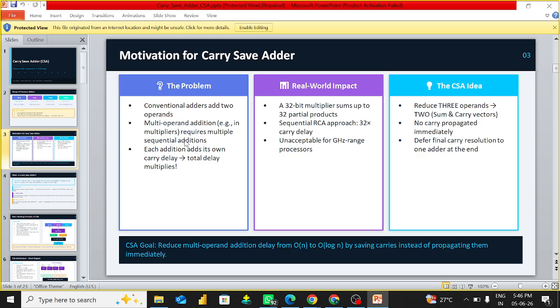So why did we introduce the carry save adder? As I said, all the other adders had a limitation: we can't add three numbers at a time. Suppose we need to calculate A plus B plus C. Using ordinary adders, what will happen?